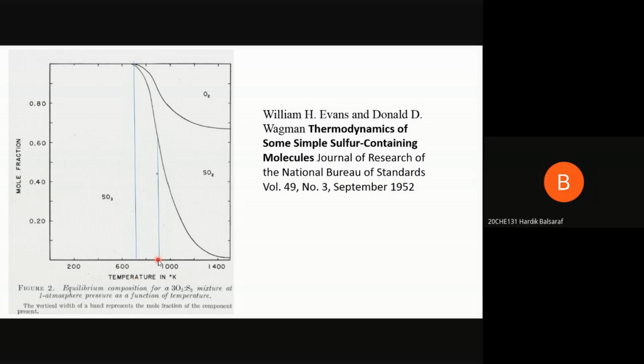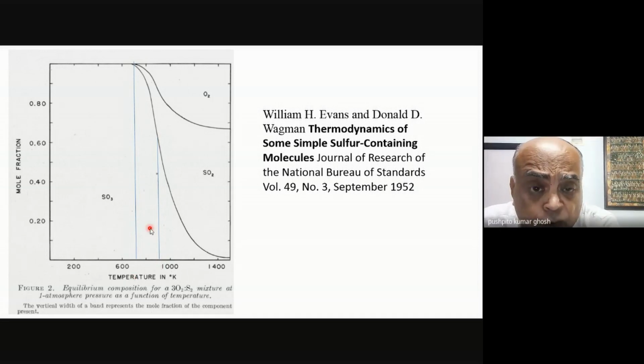Yes, sir. So if you go to a temperature higher than this, you are not going to get 100% sulfuric acid unless your temperature finally is somewhere here. You will be stuck with a low conversion, and nobody will accept such an industrial process.